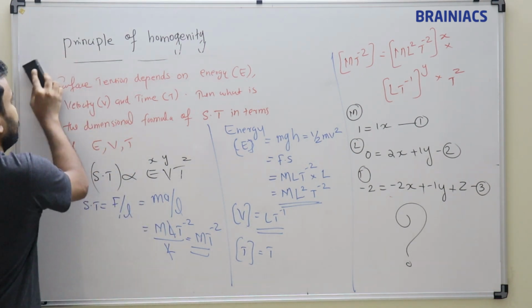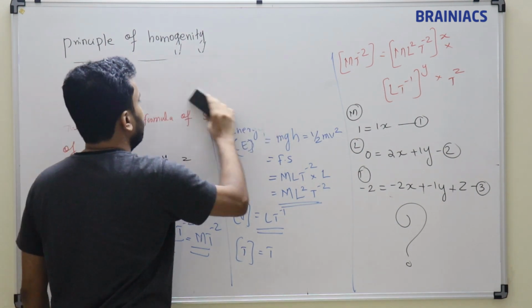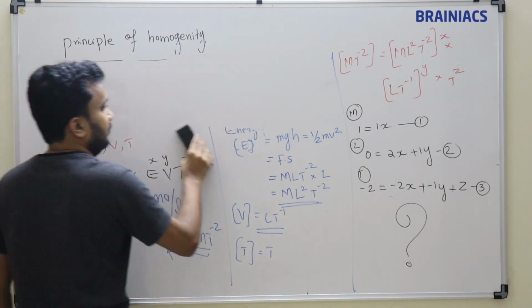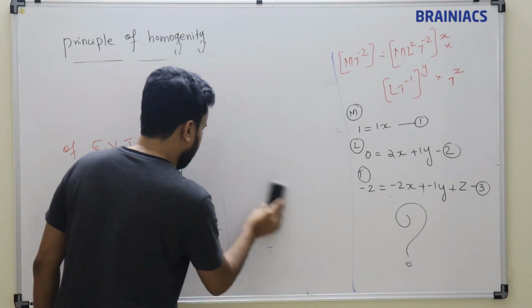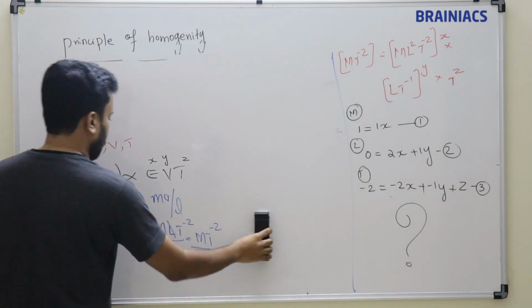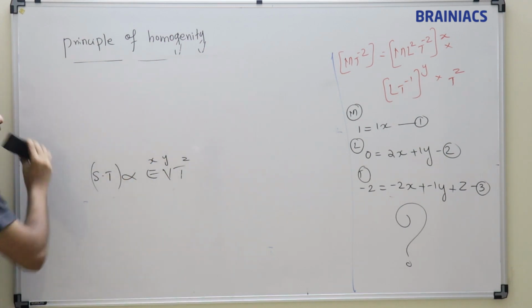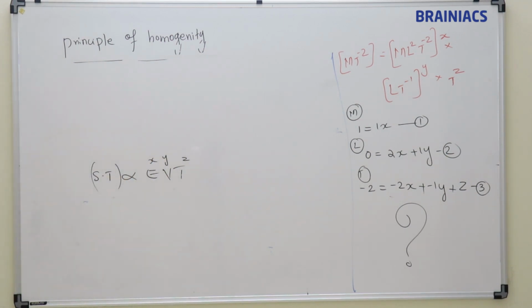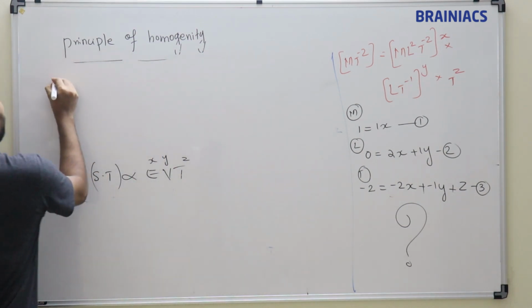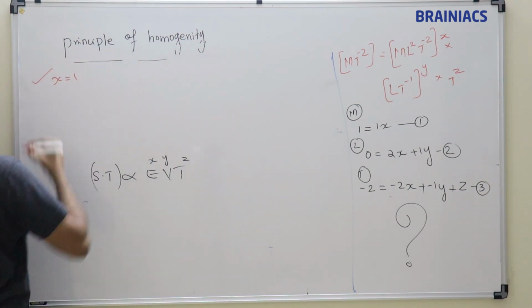Okay, so I am removing the questions. If you have not written, pause the video and note down the notes perfectly. I need only this. Here we have to substitute x, y, z. X is equal to 1, I already got that.